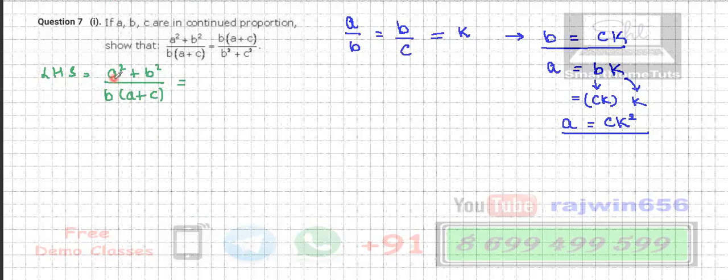Instead of A, I'm going to substitute CK square, and it is A square, so square of this, plus instead of B, I'm going to substitute CK, and again square of that is there.